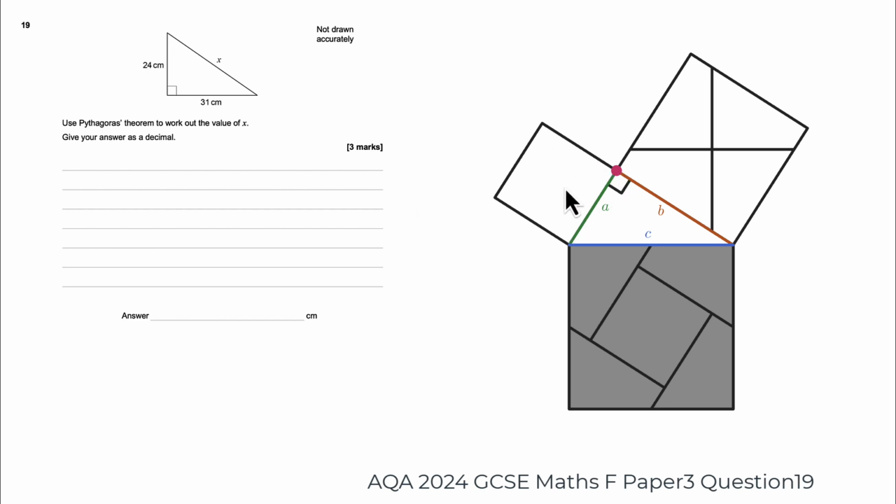That's A squared. The area of this square is B times B. That's B squared. And the area of the large square is C times C. So that's C squared. And what we just showed by rearranging these pieces was that A squared plus B squared equals C squared.